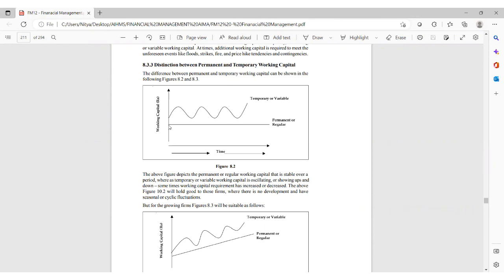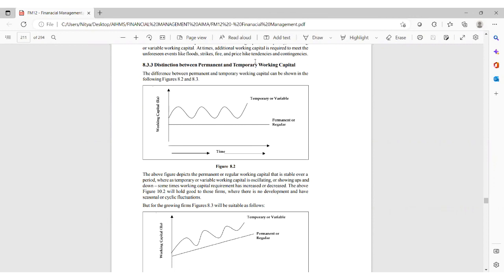But there is another type of capital known as temporary working capital, which is involved only during the peak season. That means when my business is at its peak, maybe if I have a seasonal product, my requirement for working capital increases during the peak season. So this zigzag line will be my temporary or variable working capital that is required during the peak season.